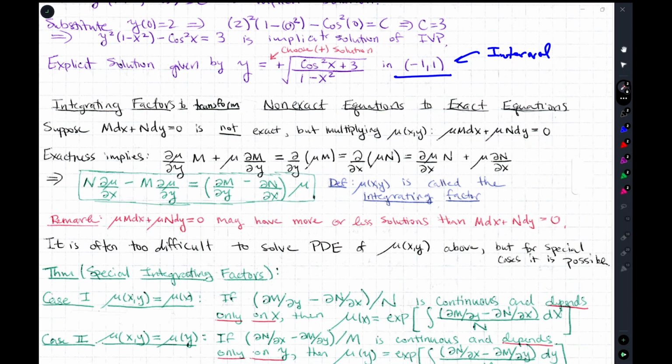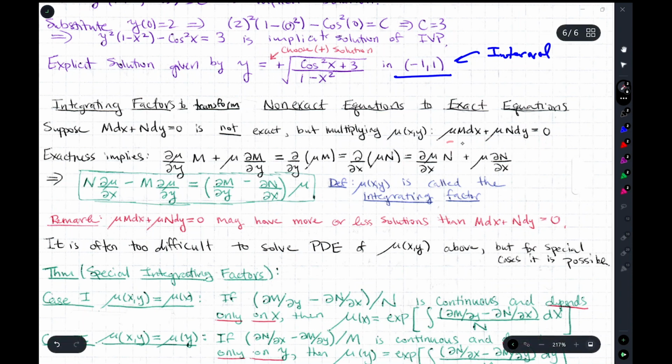Again, with the caveat that sometimes you could create or get rid of solutions. If you multiply by 0 or divide by 0, you have to be careful. But in general, this is the same equation.